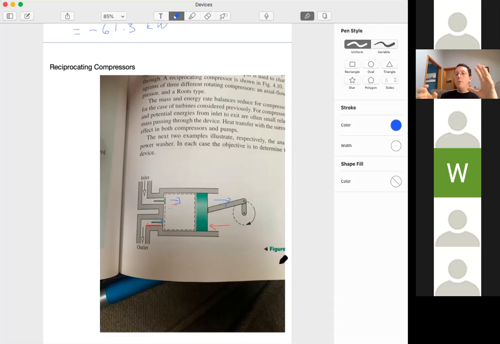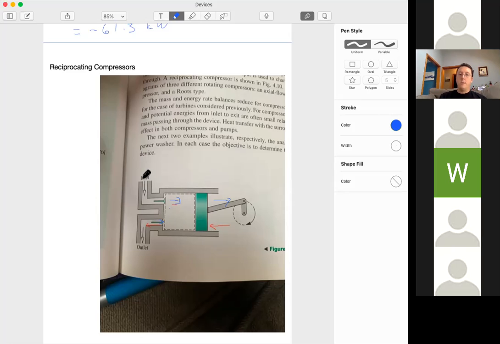It only allows the flow to go one way, and you can adjust the valves so that it won't open until you reach desired pressure. So you can take a gas. Compressors use gas typically, so you would have gas coming in at one pressure, and then it gets squeezed, and it's not allowed to backflow, and you might arrange it so that this check valve doesn't open until desired pressure is achieved.